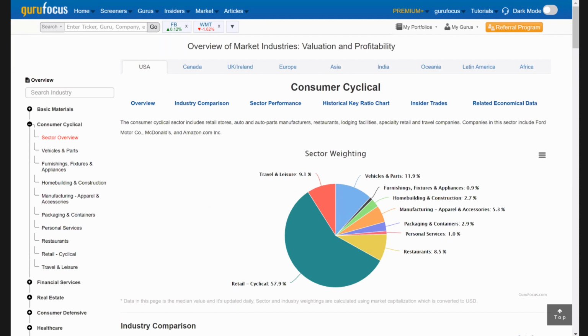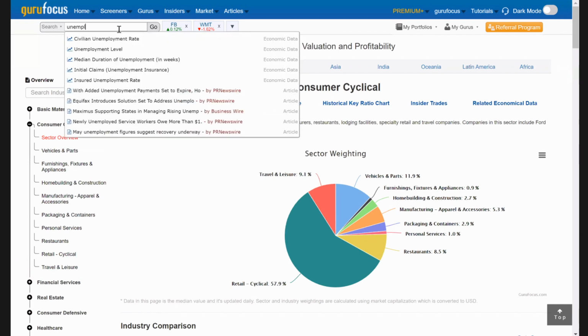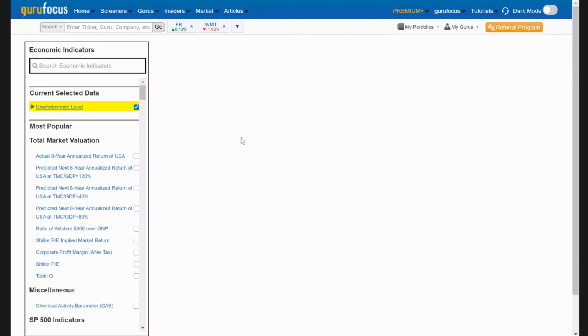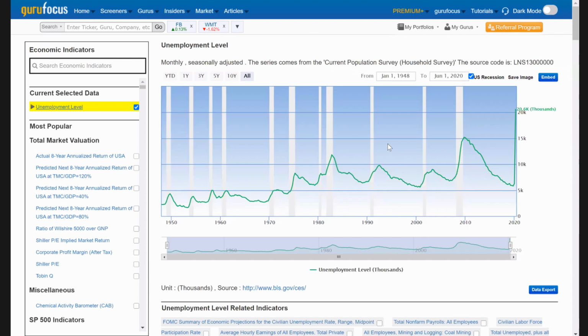Someone is asking about unemployment. Can we see economic data? I think we can. If you search for unemployment, civilian unemployment level, in the box, you will be able to see the unemployment level. See here, now we have the highest unemployment level.